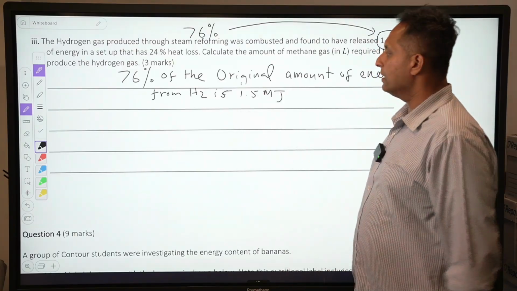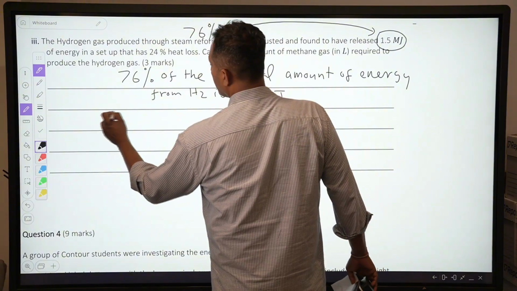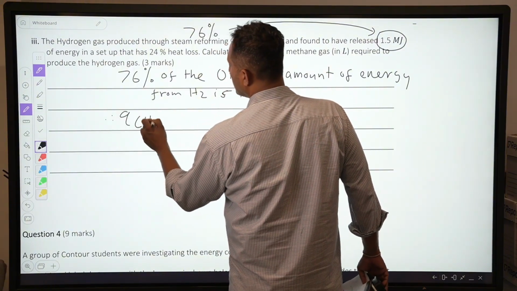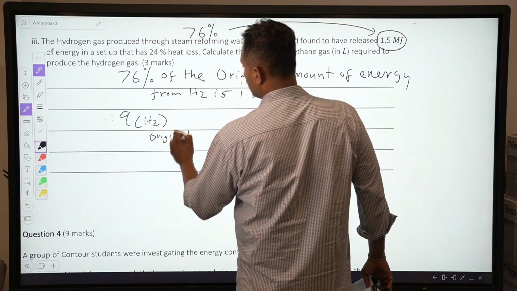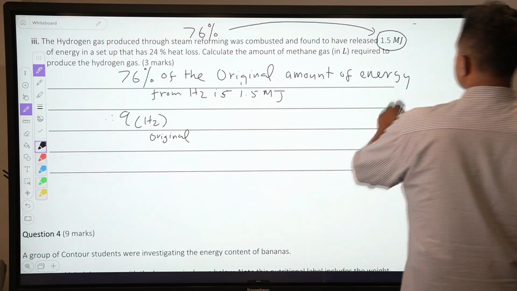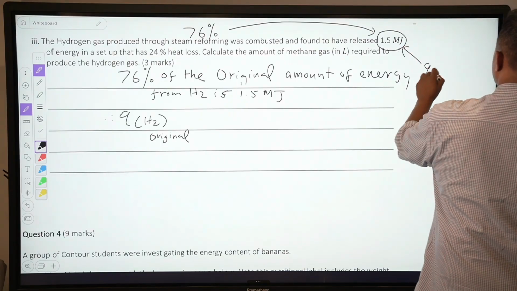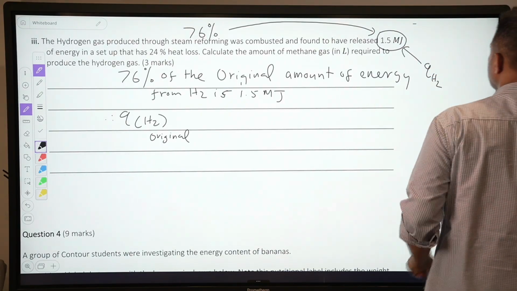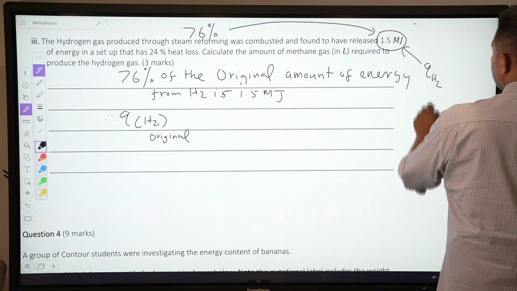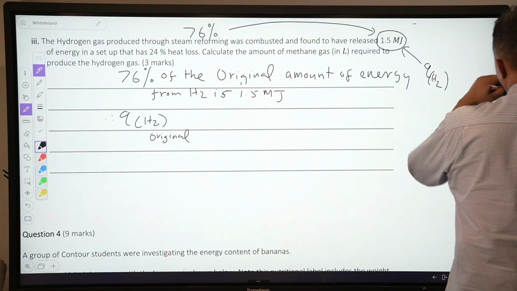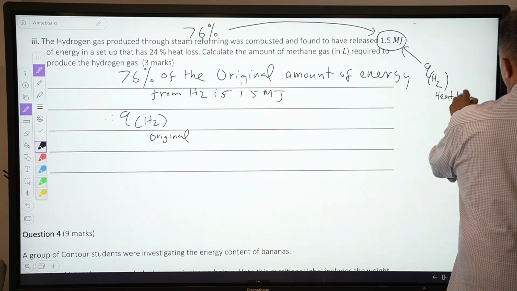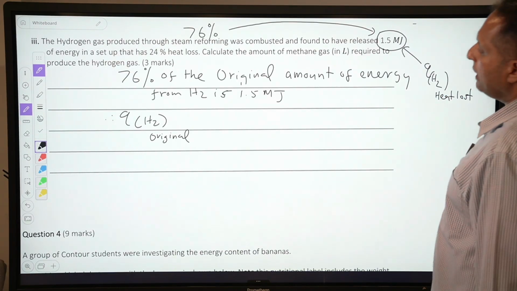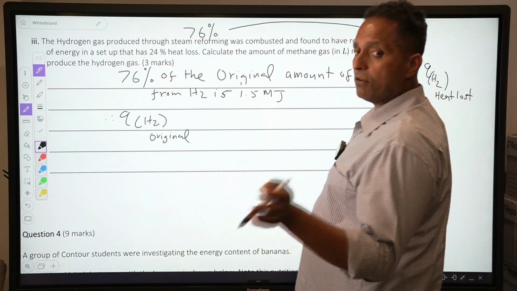Now this is the Q hydrogen, not original, we say Q hydrogen after heat loss. Now we need to find the Q hydrogen original amount.